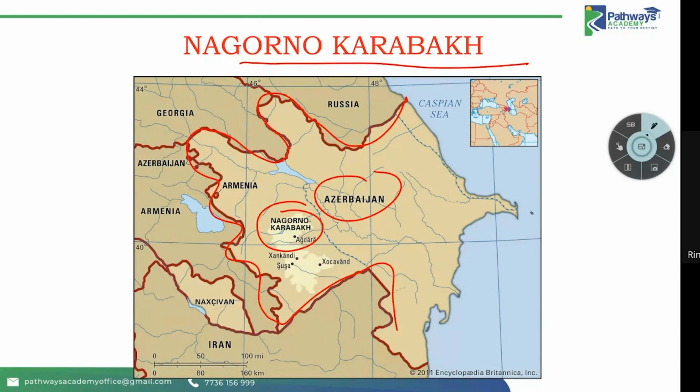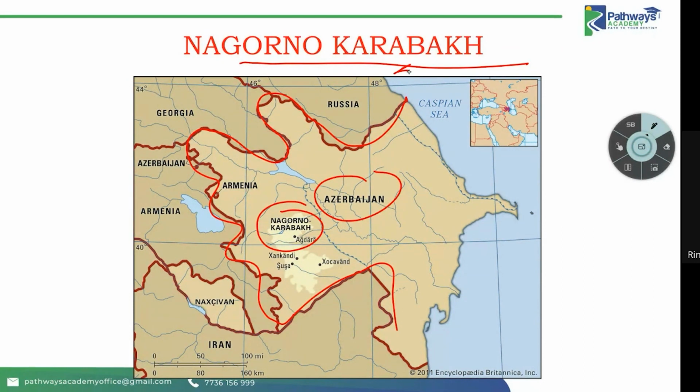So they want independence from Azerbaijan and they want to be annexed with Armenia. So it's a disputed territory between Azerbaijan and Armenia. UPSC already asked a question regarding Nagorno Karabakh, and they will again ask the question. Maybe in the coming years, Russia will be involved in this issue also. Okay, so Armenia and Azerbaijan.